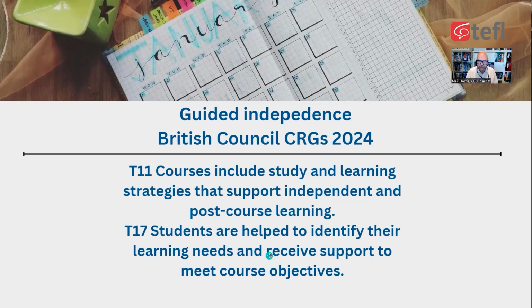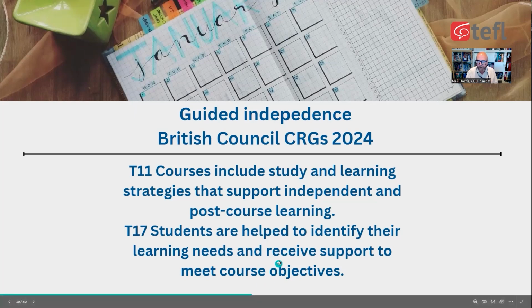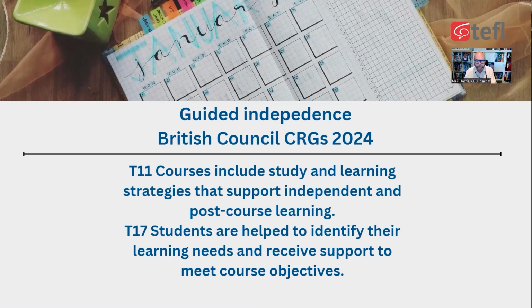And also that students get help in identifying what their needs are. So, I want to use English because I want to be a brain surgeon. What kind of English do I need? Someone's available to guide them on perhaps options around medical English, and also to receive support in order that they can meet those aims.